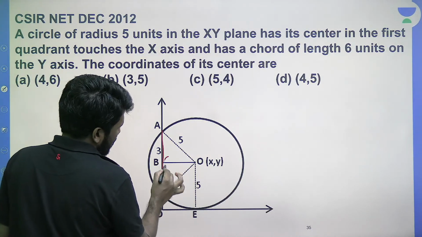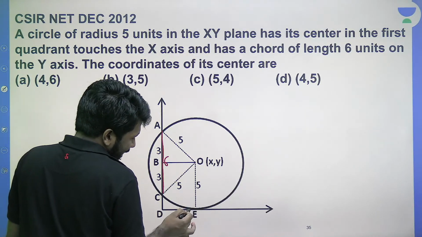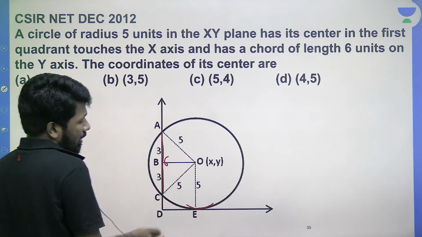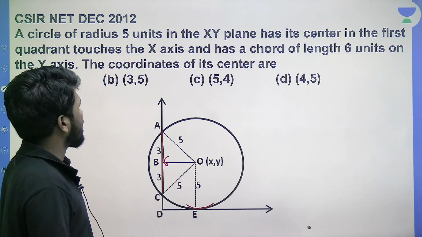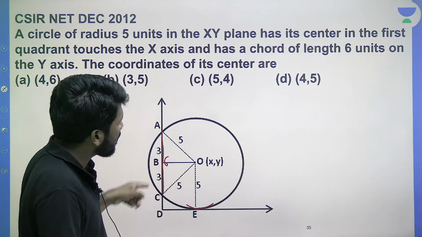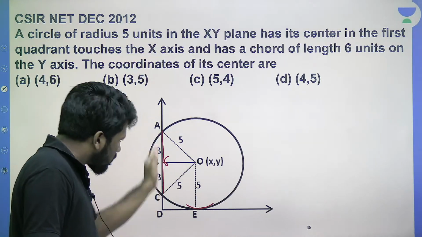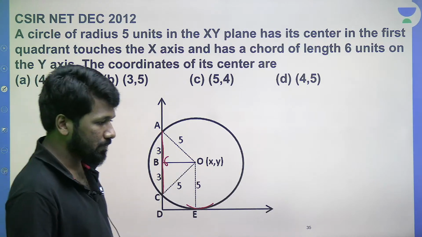This is the chord, this will be 6 units. The circle will be like this, and the circle should touch the x-axis like this. The x-axis should be tangent to the circle. Is that clear, all of you? So this is how you can plot that circle.